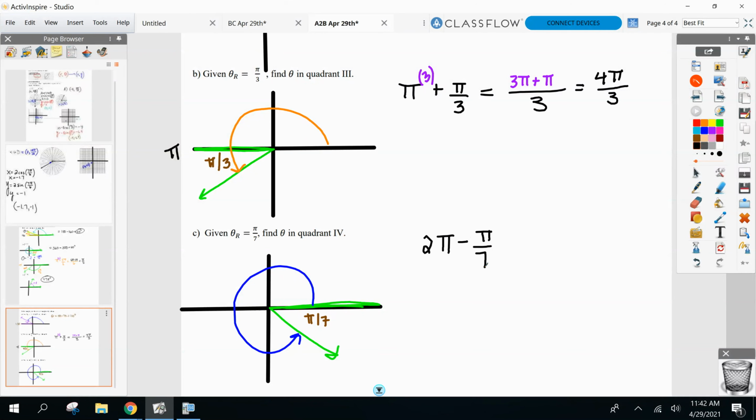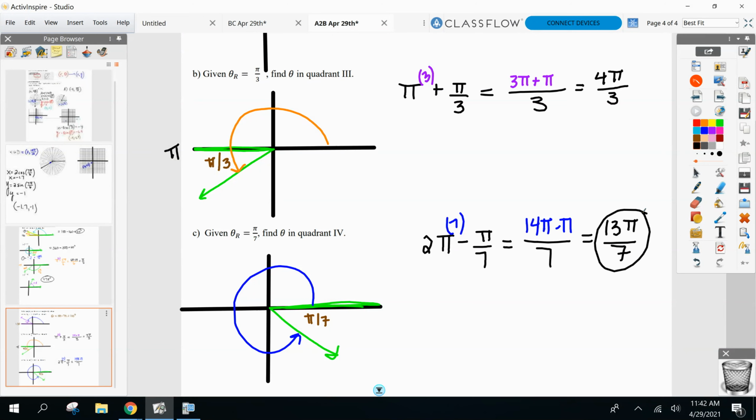You're going past 360. If you add 2 pi and pi over 7, you're going into the 1st quadrant. We got to stay in the 4th, so subtract it. Common denominator of 7. Multiply 2 pi by 7 to get 14 pi minus pi. So your angle in the 4th quadrant to finish it off today, 13 pi over 7.